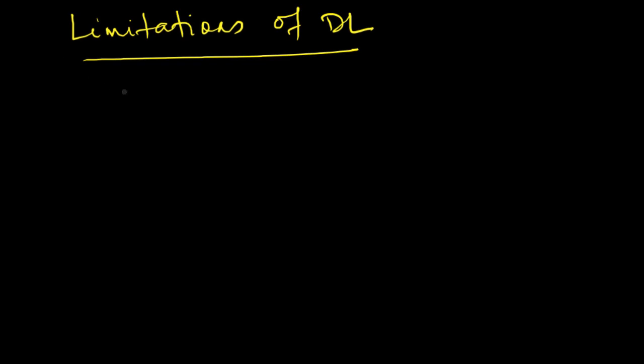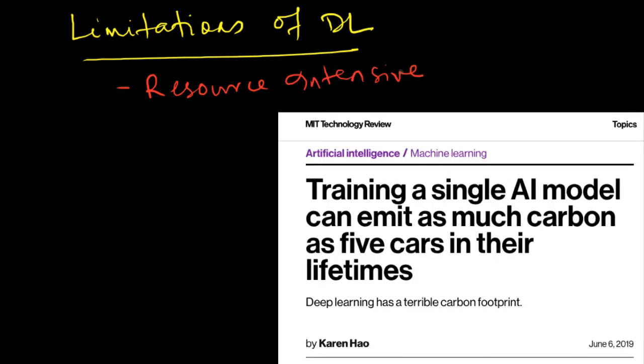So the first and important limitation, which I have also mentioned, is that they are very resource intensive. There was a study that was done recently which found that these deep learning algorithms can sometimes be more polluting than the vehicles on the road.